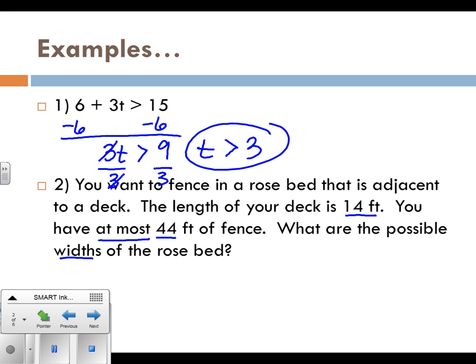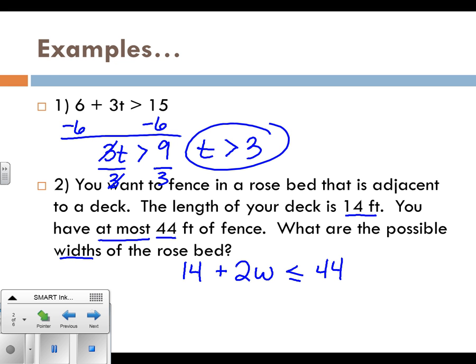In taking the words and writing an inequality, we would say 14, because we need the fence going across the 14 feet, plus the 2 widths, so 2 times w for widths. At most we have 44 feet, sorry. So we want less than or equal to 44. And so that would be taking words and writing our inequality.